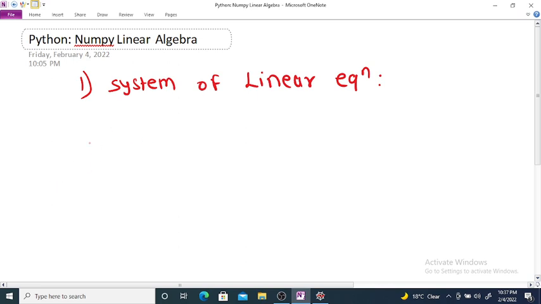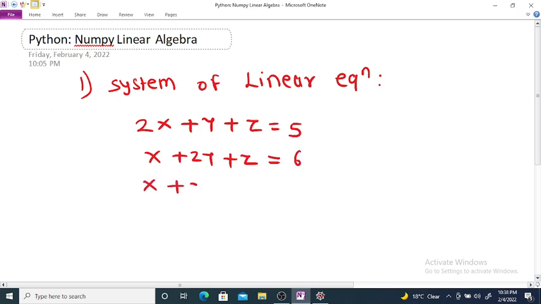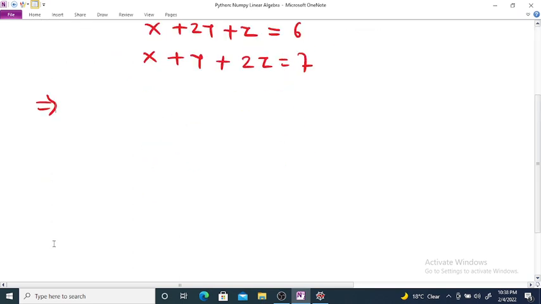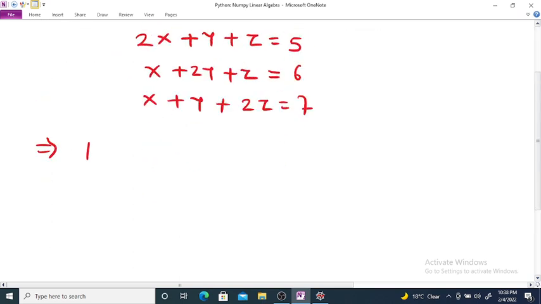Suppose we want to solve the system: 2x + y + z = 5, then the next equation is x + 2y + z = 6, and x + y + 2z = 7. First of all, we write the given system in matrix form as Ax = b.